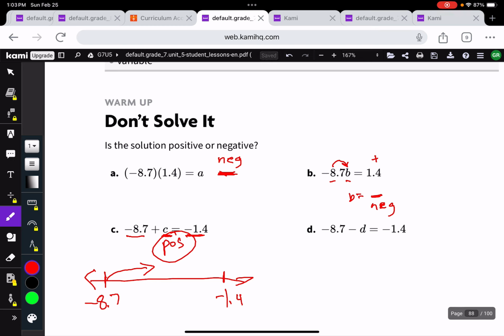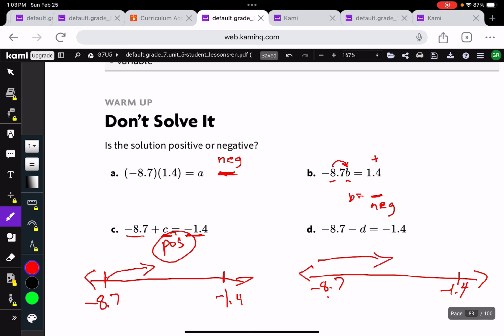Now this one's a little trickier. Here I am at negative 8.7. I need to subtract something to get me up to a negative 1.4. Well, what could I possibly subtract to make this go right?